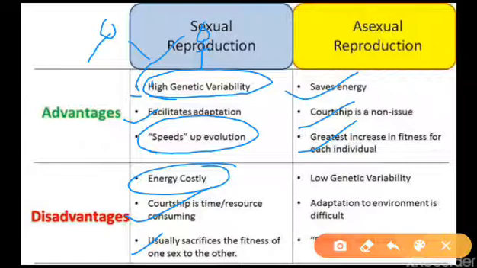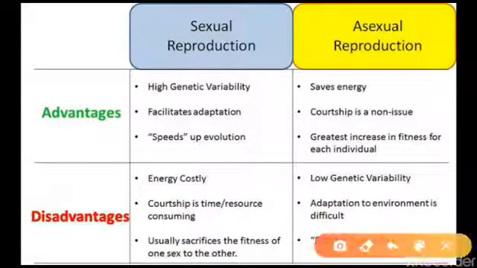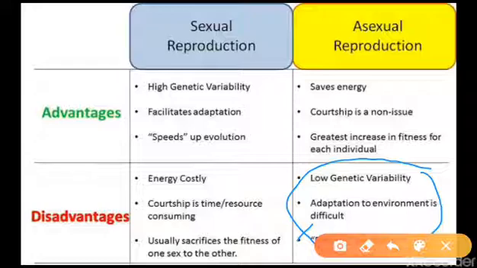Here some disadvantages are also given for asexual reproduction: low genetic variability, adaptation to the environment is difficult, and retarded evolution is also written. So there is a high chance that they will become extinct if the environmental conditions change suddenly, because they will not be adapted to the environment, and they will vanish from our earth.